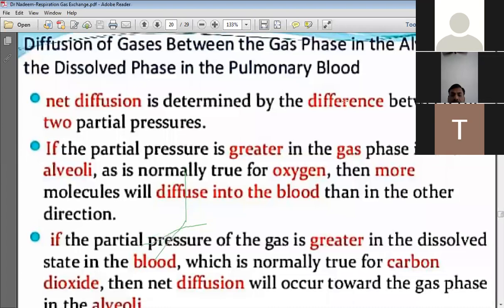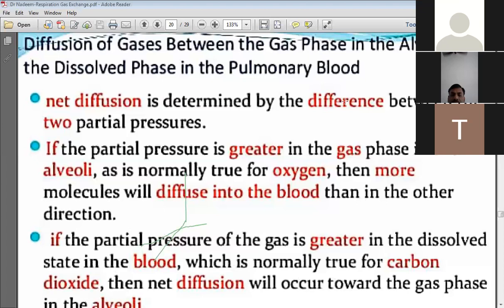What is the main agent responsible for the diffusion of gases between the gas phase in the alveoli and the dissolved phase in pulmonary blood? Oxygen exists in the gaseous phase in the alveoli, while carbon dioxide exists in the dissolved phase in the pulmonary blood.